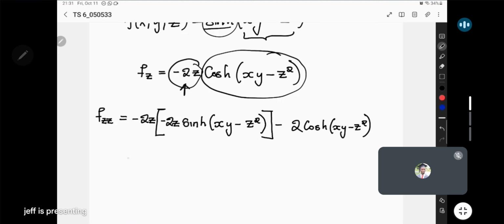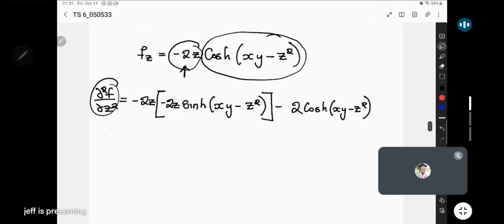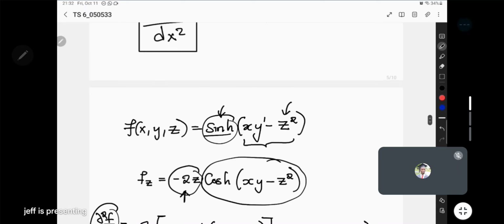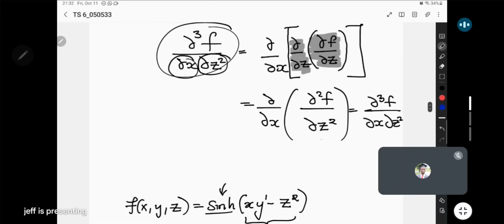So currently, what I have here is the same as partial f, partial z. Now I want to differentiate the solution to that, now with respect to x.